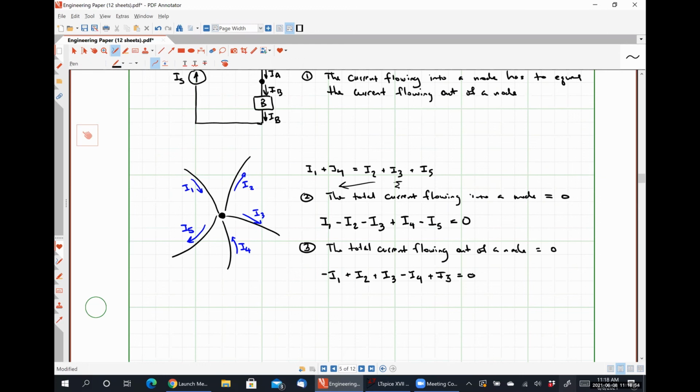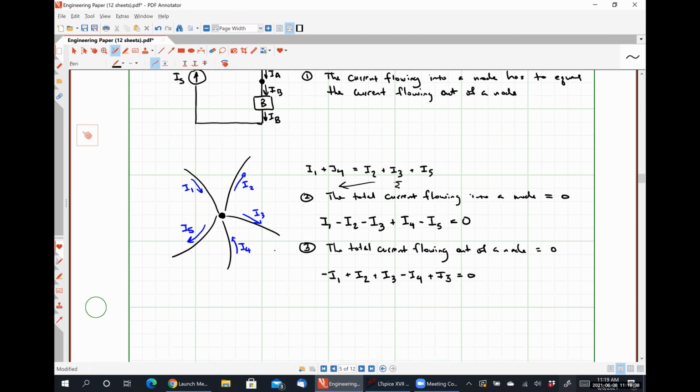So I say that because for right now, the overwhelming majority of you are probably much more comfortable with our first definition. Current flowing in has to equal the current flowing out. There's nothing remotely wrong with this whatsoever. However, when we introduce the concept of nodal analysis next week, you'll find that approaching KCL using our third option here, that the total current flowing out of a node is equal to 0, will probably make much more sense and make our analysis more simple and standard to carry out.